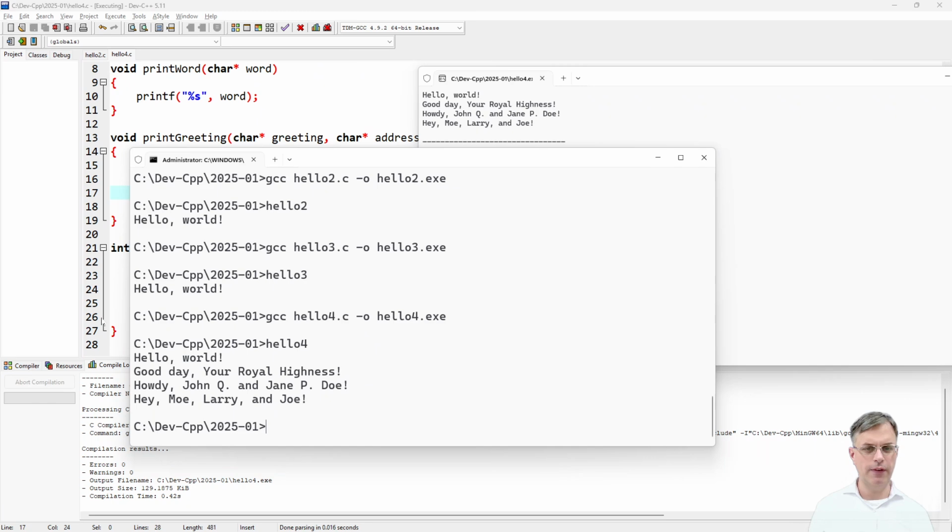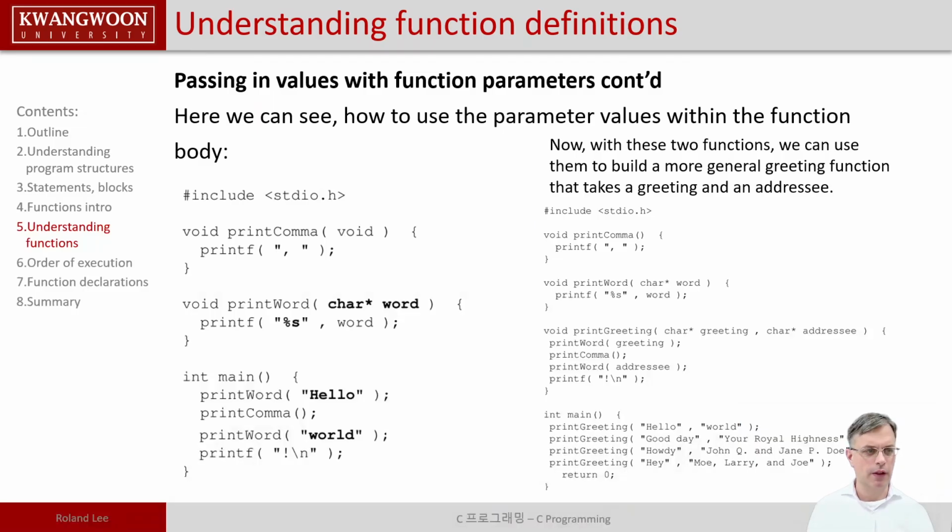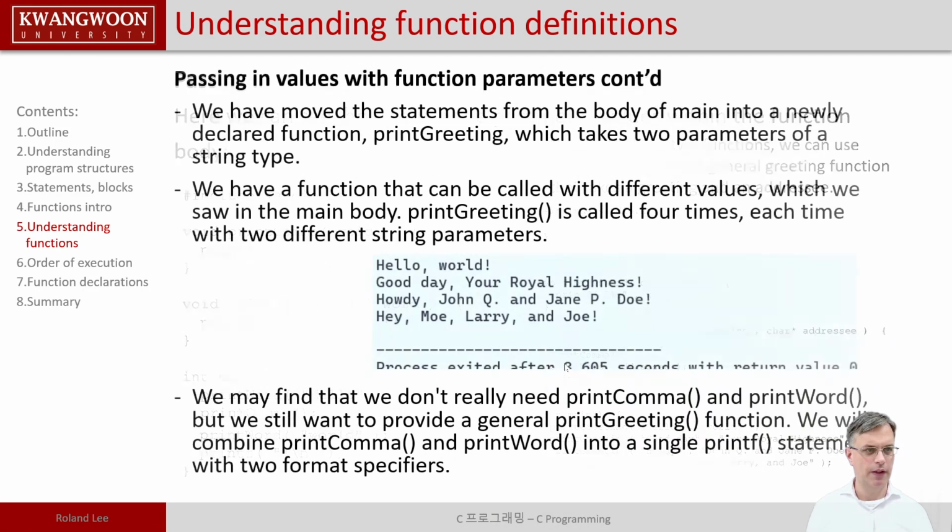And yes, you see it works fine. No mistakes, no problems are reported. Okay, so passing values in with function parameters, we still continue. Wow, that's a hard job this time, but not much more to do.